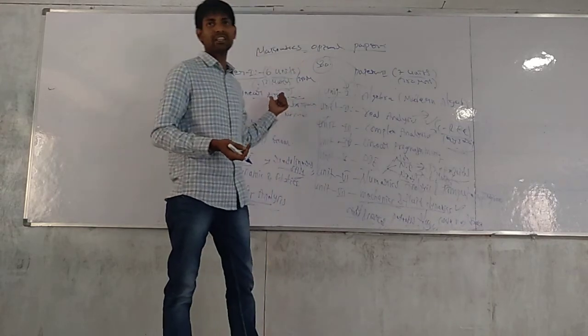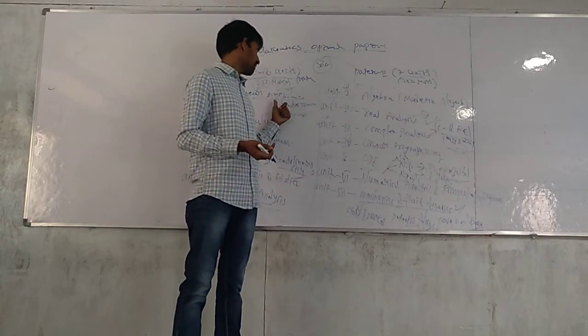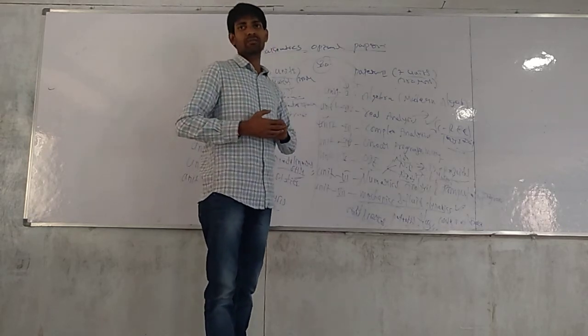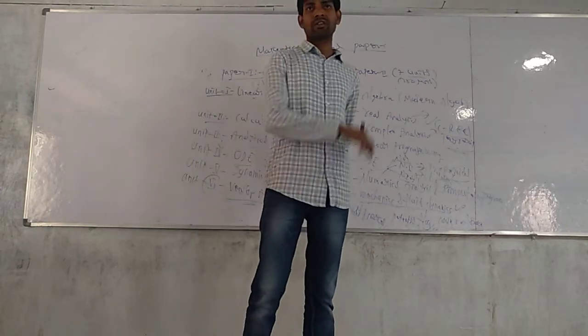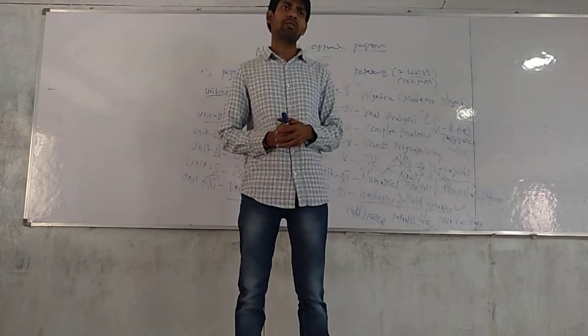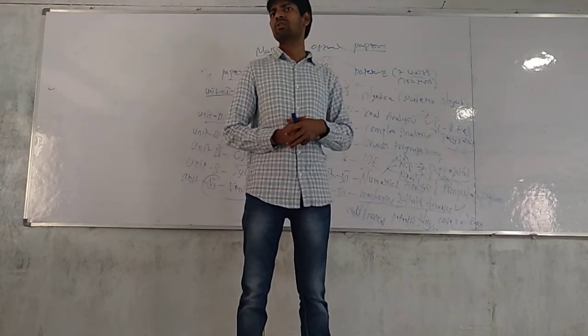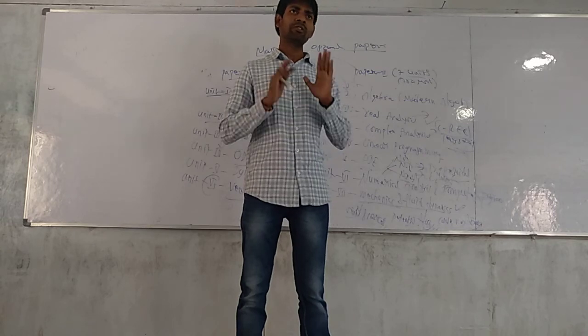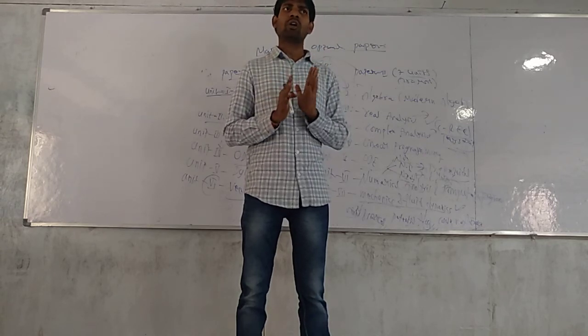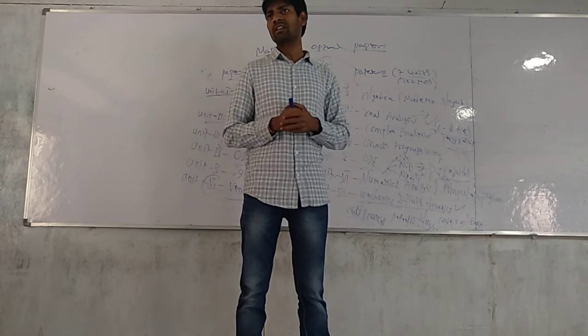Already I told the contents many times. If you have any doubt, no problem, you can ask me anytime. I am always with you, and you do hard work. If you do hard work, then automatically you can get the services.